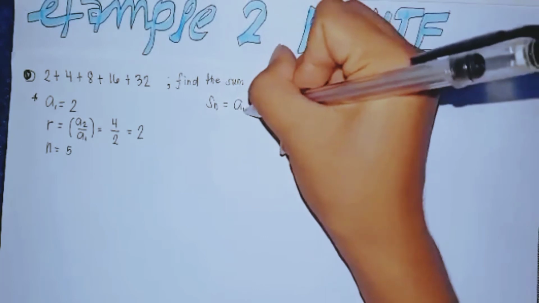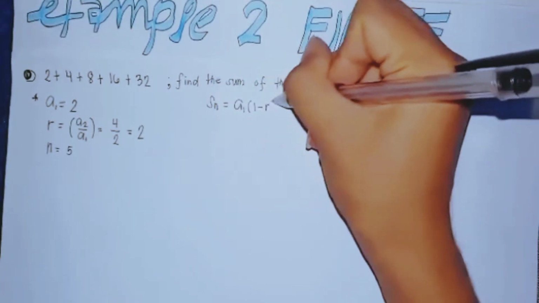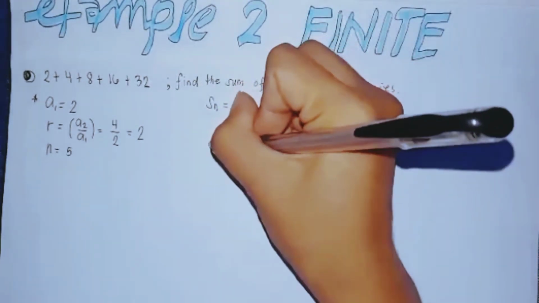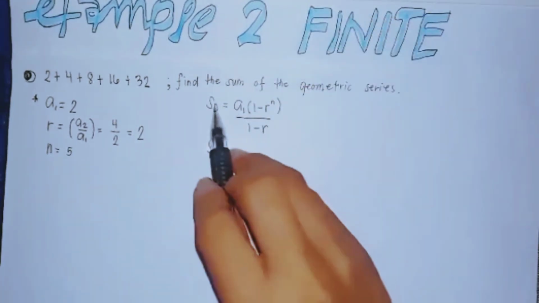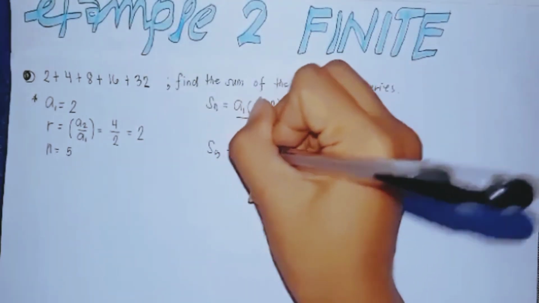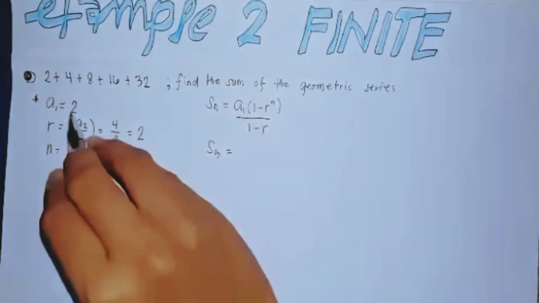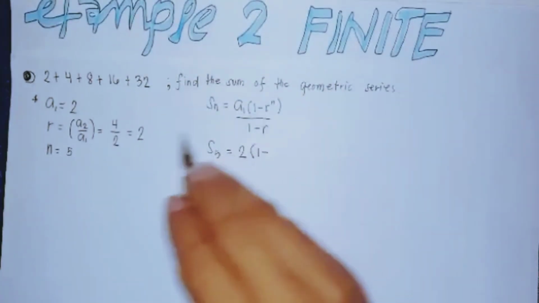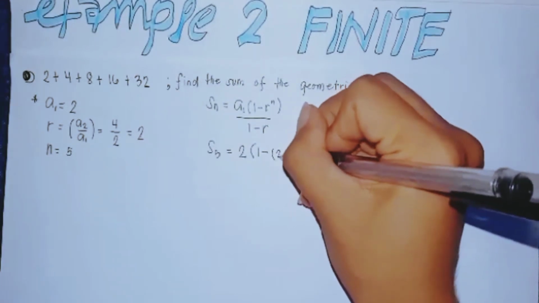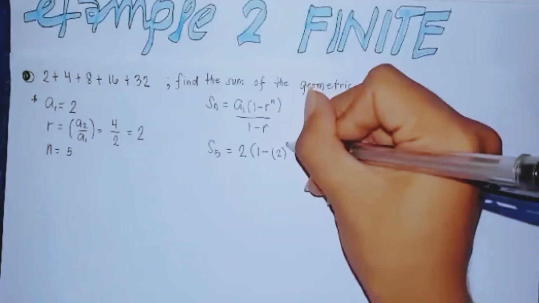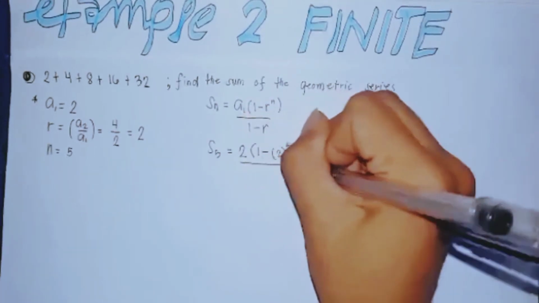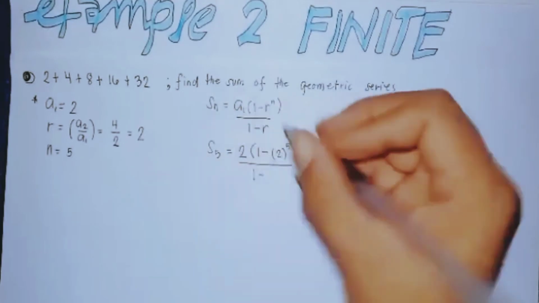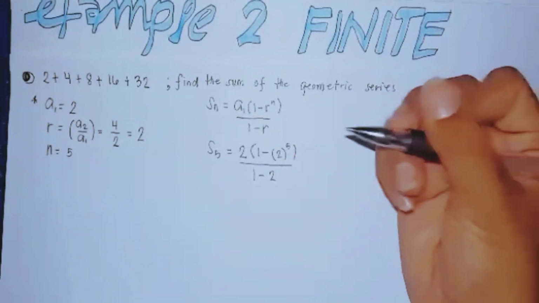Sn is equal to A1 multiplied by 1 minus r raised to n all over 1 minus r. And then n is 5, so we will have S sub 5. A1 is 2 multiplied by 1 minus r, which is 2, raised to n, 5, and then 1 minus r, which is 2.